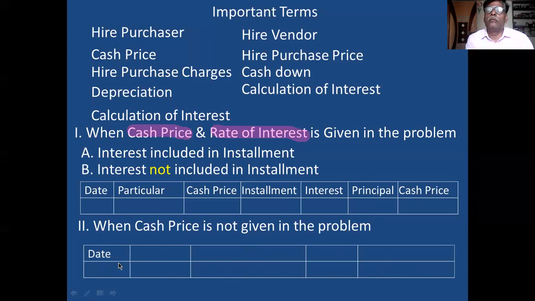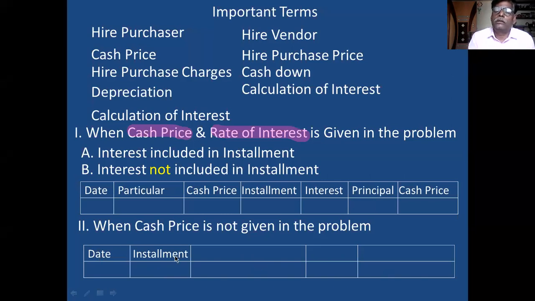In the first column, you write the date of payments, the date of installment. In the second column, you write the installment, whatever installments you pay. And you consider the cash down as one installment. Remember this point. Cash down is also considered as one installment paid on the date of agreement.